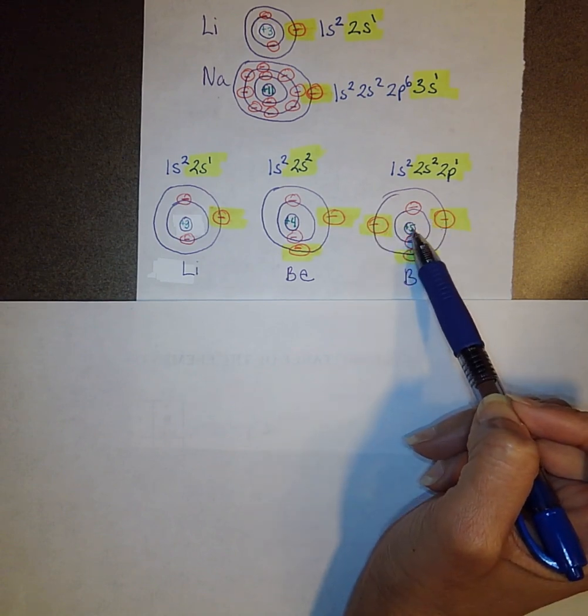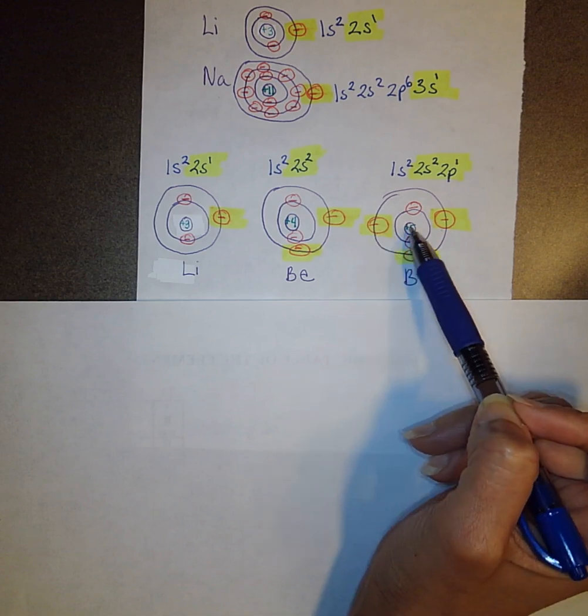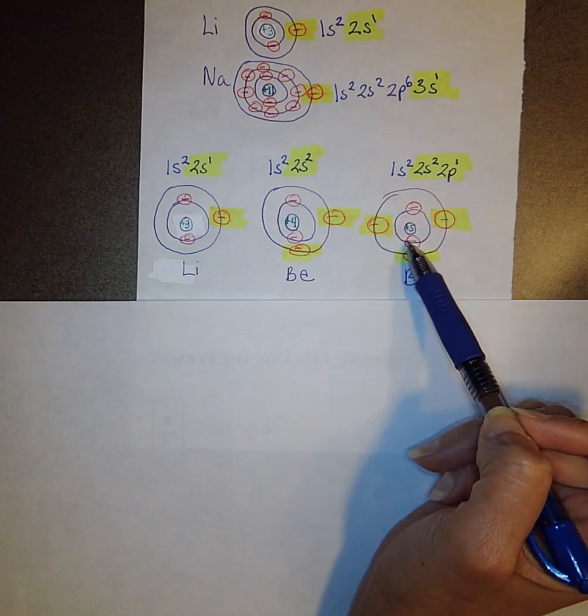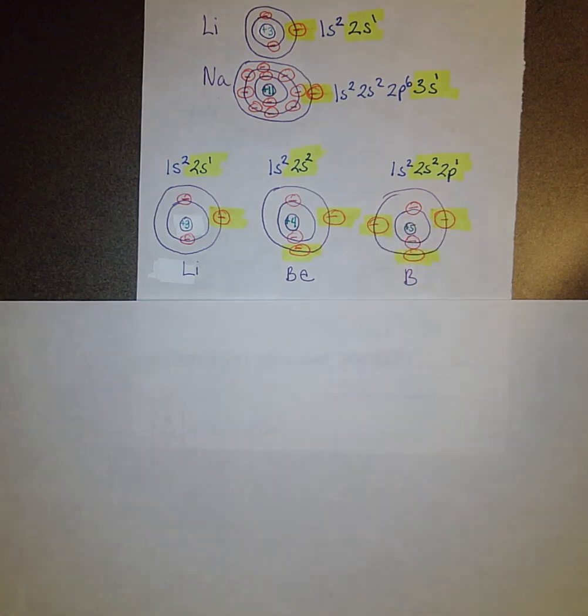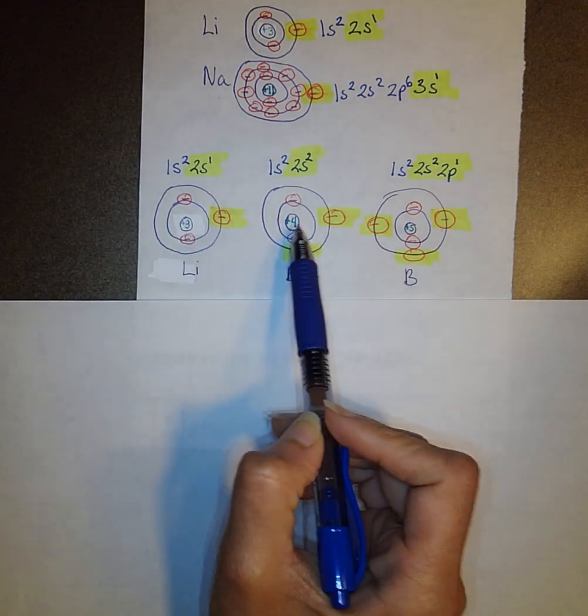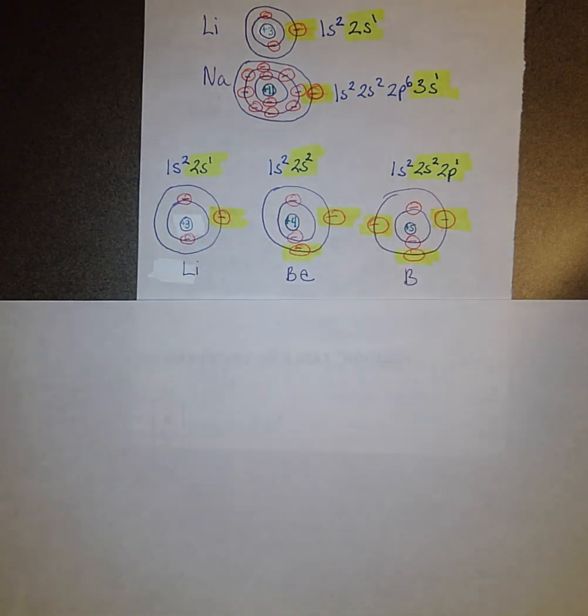So these 5 protons are now pulling all of these electrons towards it. So it's pulling it even closer. The force is increasing, and as the force is increasing because of the atomic number, those electrons are being pulled even harder. So the force is increasing, so your atom is getting smaller.